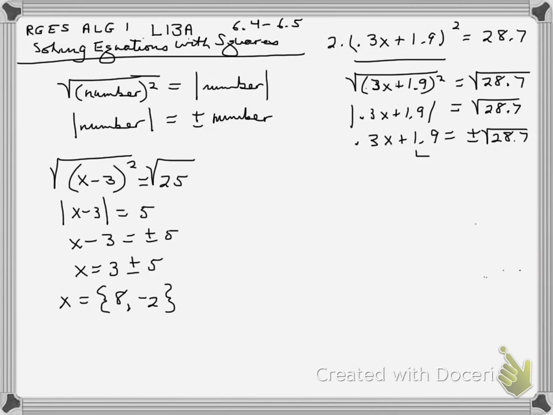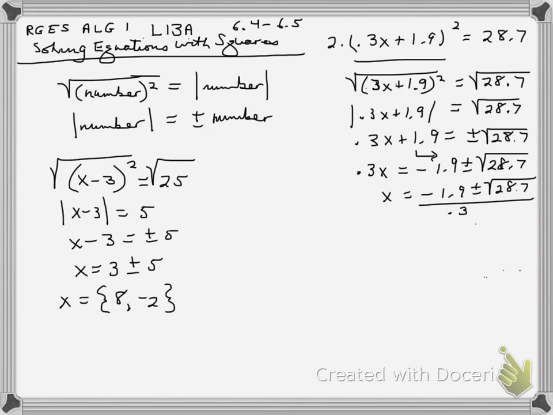So we're going to subtract 1.9 to the other side. 0.3x equals negative 1.9 plus or minus the square root of 28.7. And then we're going to divide by 0.3, so we'll get negative 1.9 plus or minus the square root of 28.7, all over 0.3.